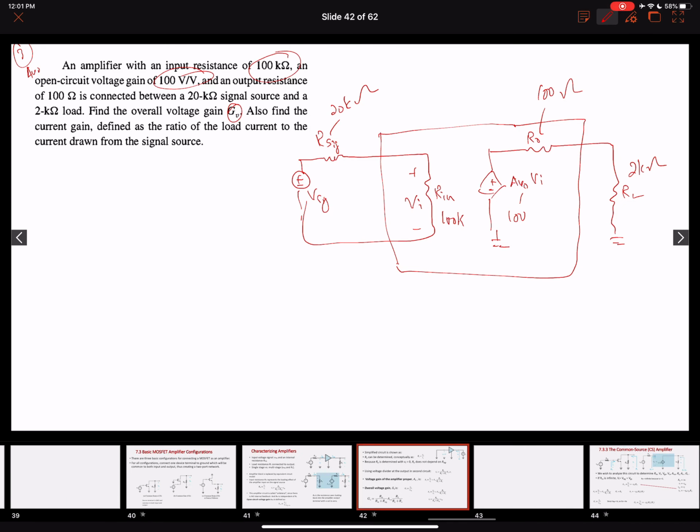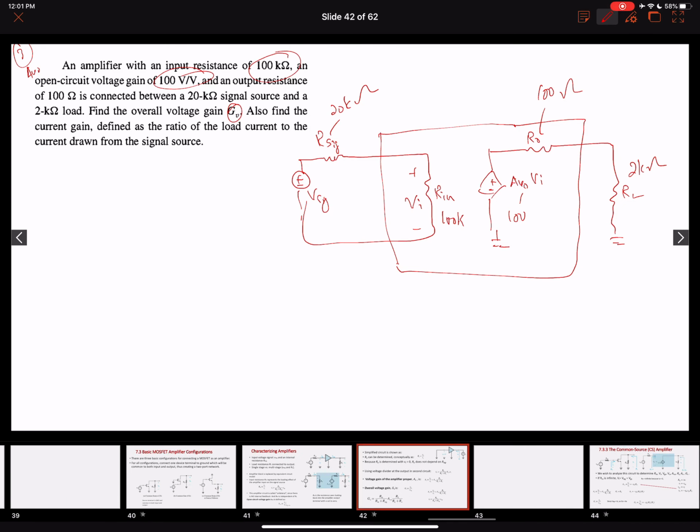Now if I have to find Ii, it will be Vi over Rin, right? So this current is going into the amplifier, so the current Ii will be Vi over Rin.